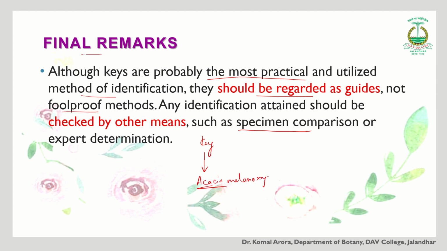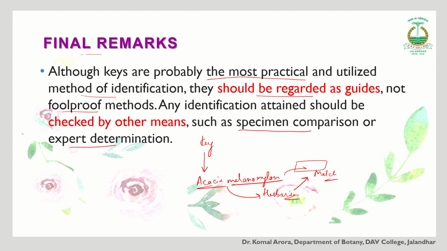When you reach this inference that it is Acacia melanoxylon, then you will go to a herbarium. It has to be the herbarium of central universities or some government institutions like the Botanical Survey of India. You will go there, take out the specimen which is listed as Acacia melanoxylon and match yours with that. Then only it will be considered as the authenticated one. Or you can go to some expert and seek their opinion.